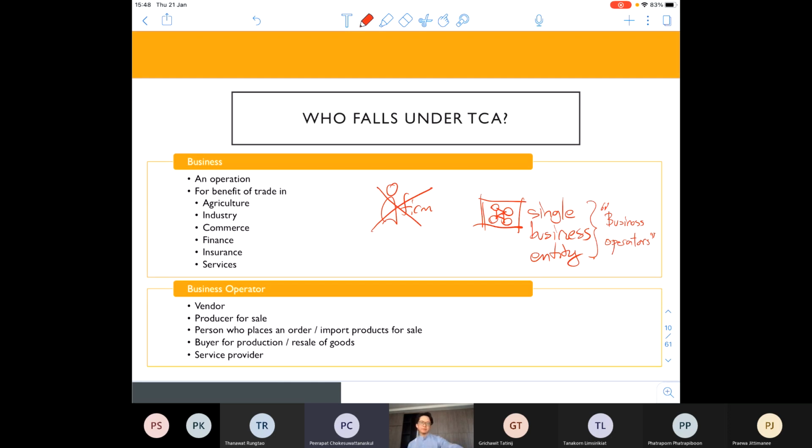Can you come up with some? There's so many. Financial institutions. Yeah, and this is regulated by the Bank of Thailand. Yeah, Bank of Thailand, BOT, right? What else? Any other industries?